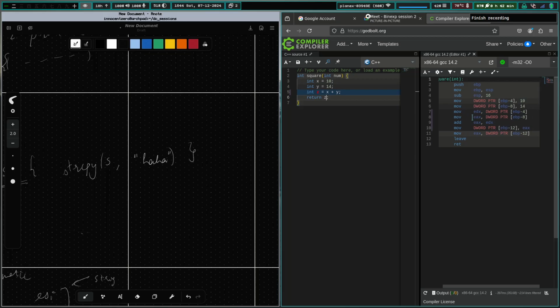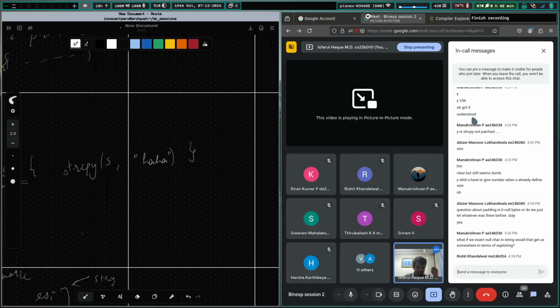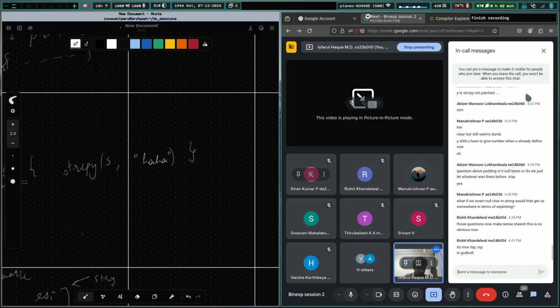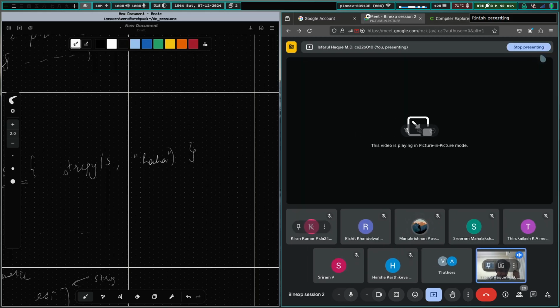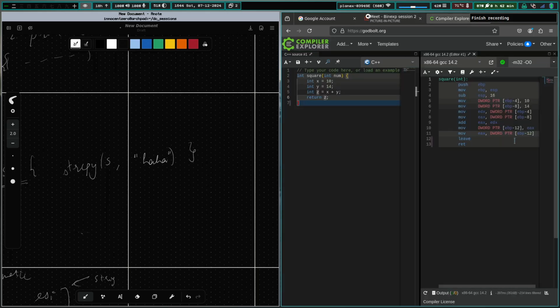So I think we'll just use Godbolt as the reference, and based on that, I'll tell you. I feel this is Intel syntax.